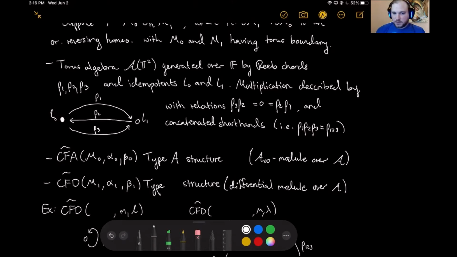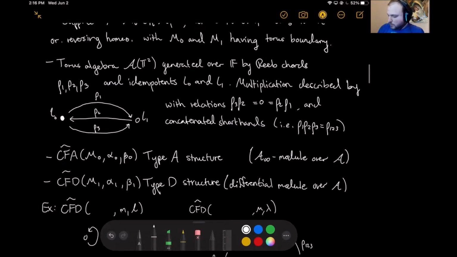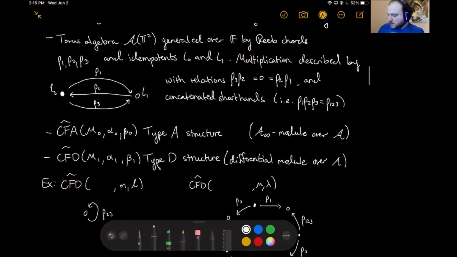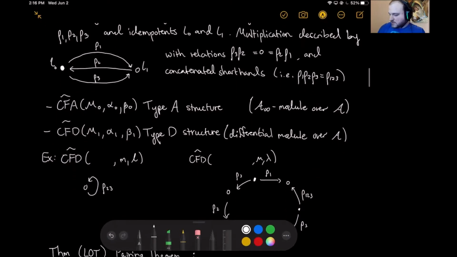And then analogously, in a dual sense, we have the type D structure, CFD hat. Maybe we won't get too involved with these, but here are some examples of type D structures. For the solid torus, it has a single iota 1 generator, and then a single Reeb chord describing the map on the type D structure, which is just a rho 2, 3.